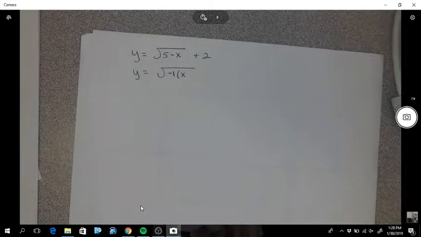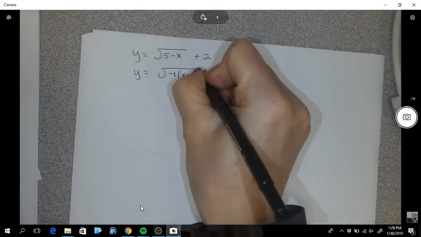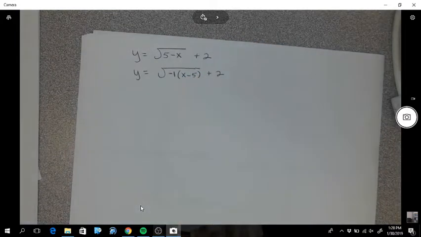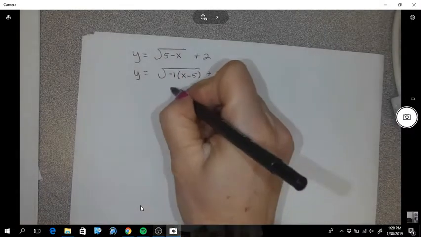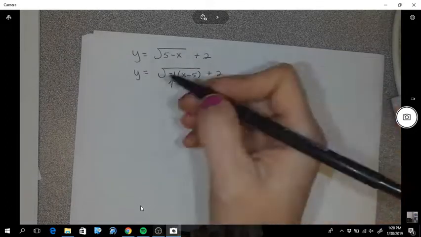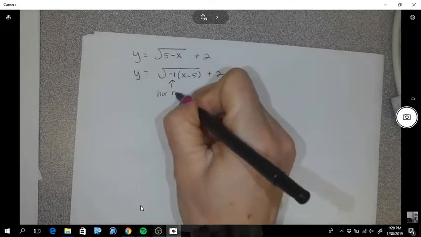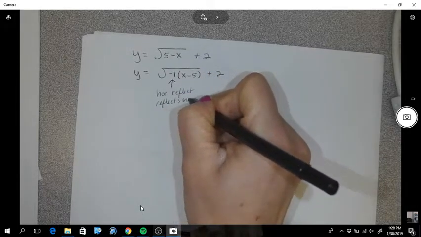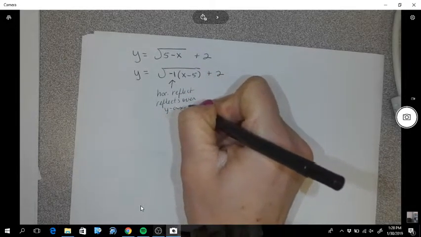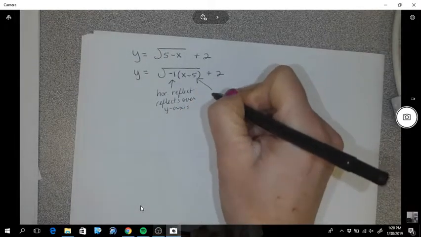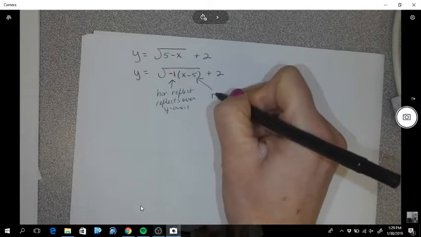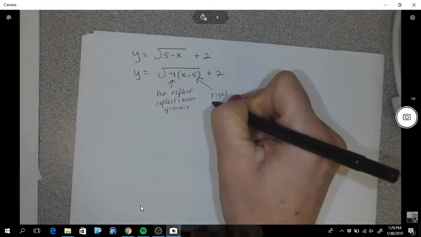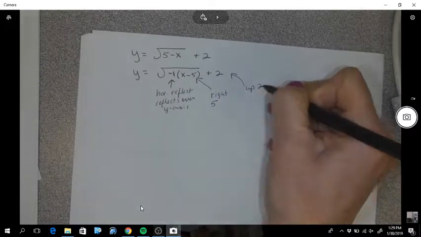So now I know how to compare it with my basic function, and then this is actually now going to also be a -5 there. Okay, so now I can see that this causes a horizontal reflection. So it reflects over the y-axis, and then this moves it right 5 and then up 2.